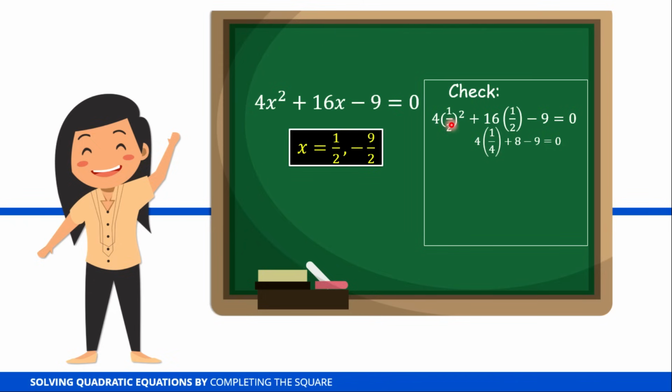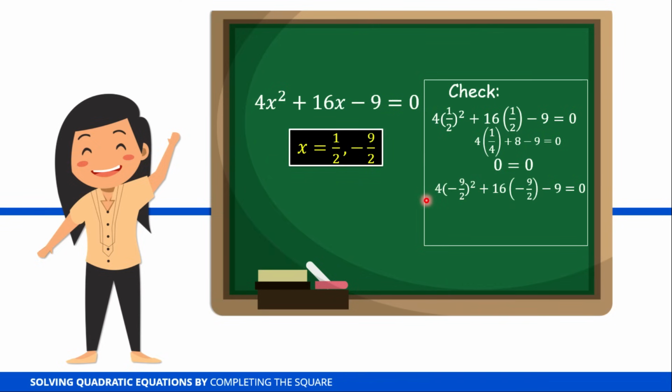Where did the 1/4 come from? That is 1/2 times 1/2. Okay? 4 times 1/4 plus 8 minus 9 is equal to 0. Let's simplify first. The product of 4 and 1/4 is 1. So, 1 plus 8 minus 9 is 0, which is equal to 0. This means 1/2 is correct.